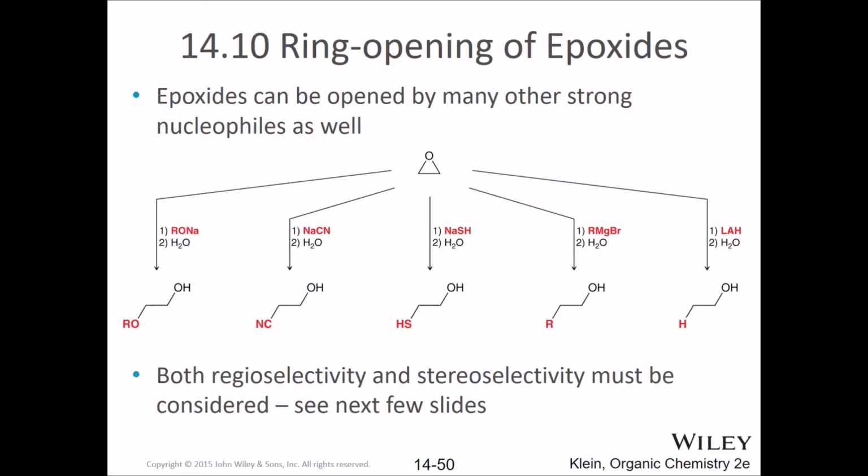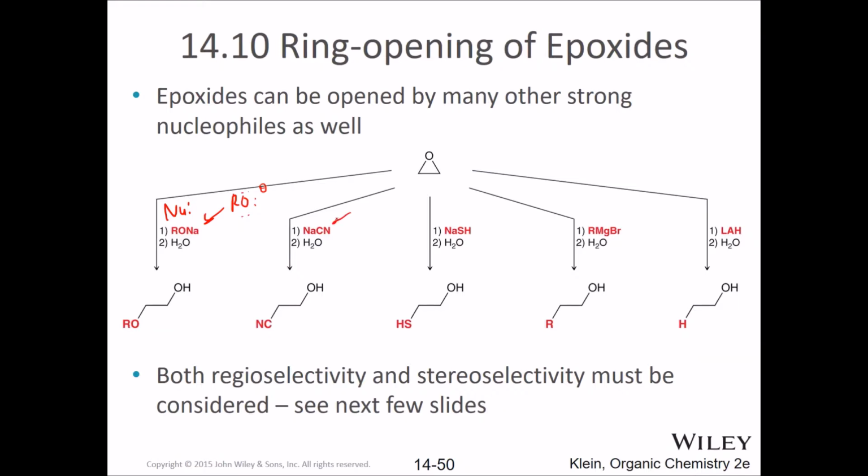Now, epoxides could have many different kinds of nucleophiles. I'm going to ask you to pause the video and say, what is the nucleophile for each of these? Pause the video. Okay, so the nucleophile for this one is an alkoxide.